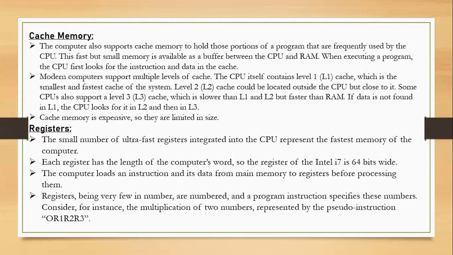Two numbers are multiplied. The two numbers available in two registers, R1 and R2, are going to be multiplied, and the result is stored in the third register, R3.